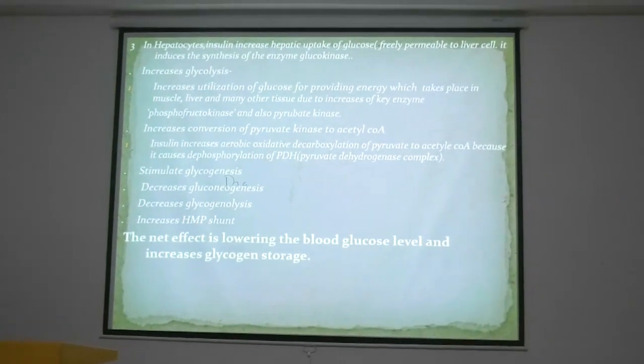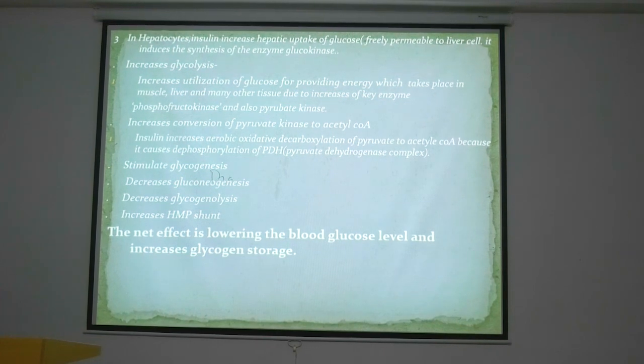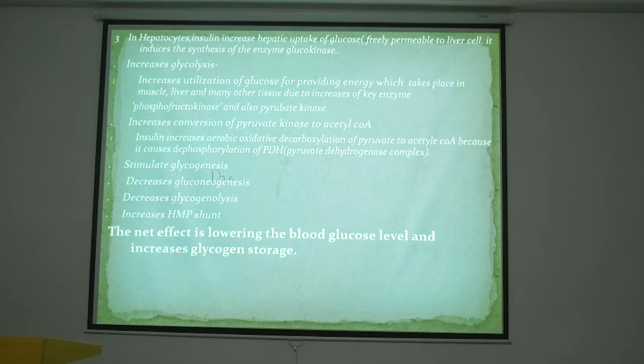Increased glycolysis, increased utilization of glucose for providing energy, which takes place in muscle, liver, and many other tissues, is due to increase of key enzymes, PFK and pyruvate kinase. You already know all this because you studied glycolysis.